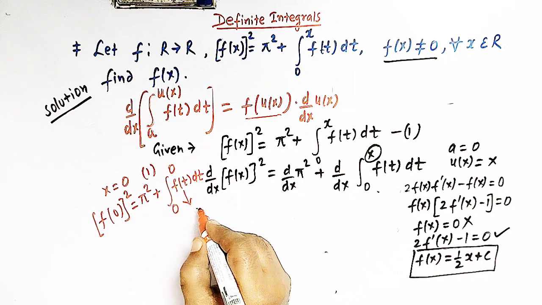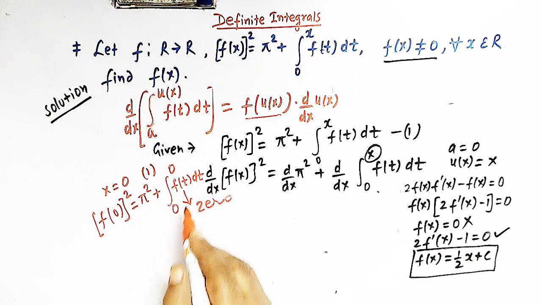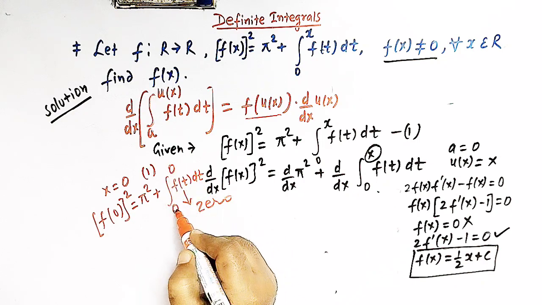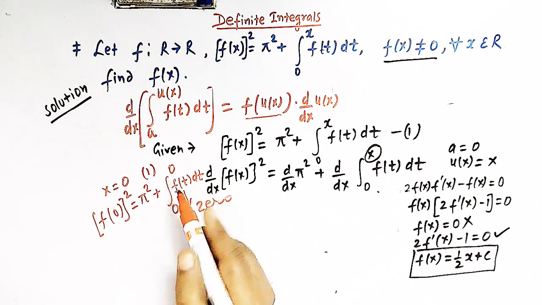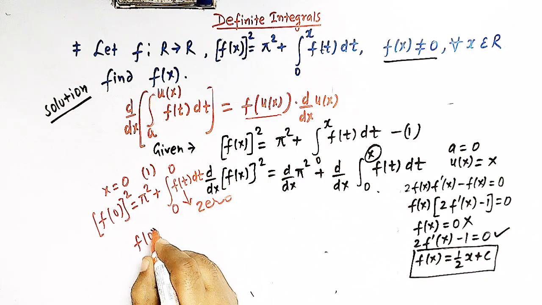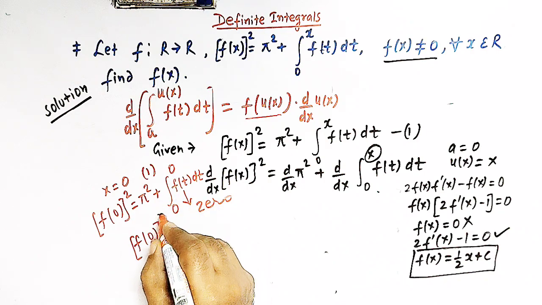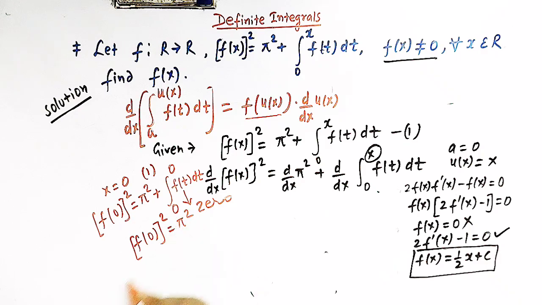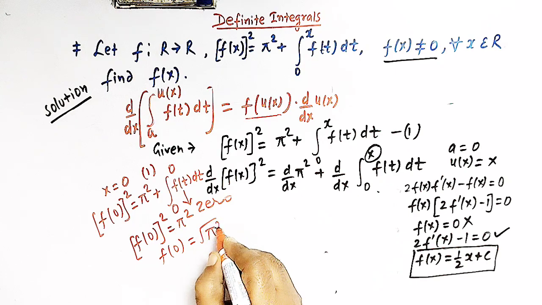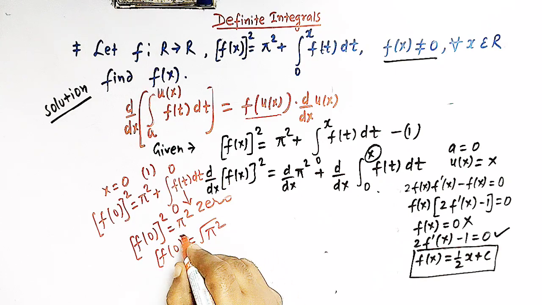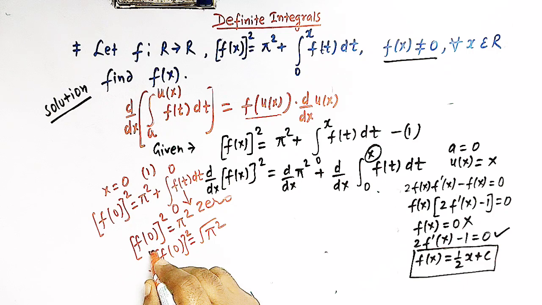Now this term is equal to 0, because both the limits of integration are 0. So we are left with only f of 0 square is equal to pi square. Now taking the square root on both the sides, we have the square root of pi square and the square root of f of 0 square.